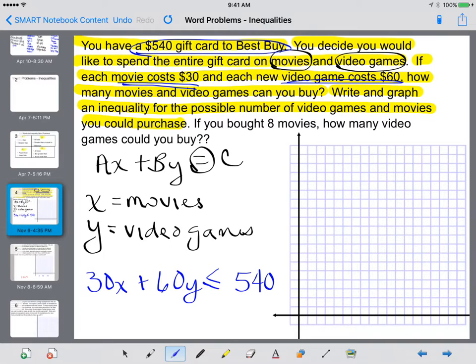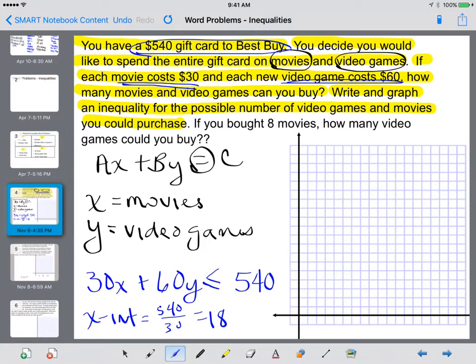We need to remember our standard form of finding our x and our y intercepts. So to find our x-intercept, I'm going to take 540 divided by 30, and that gives me 18.